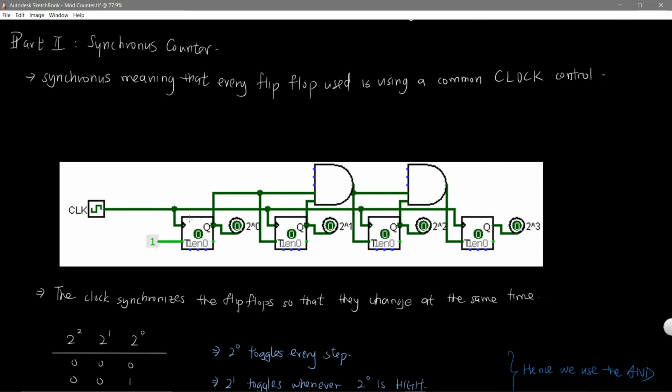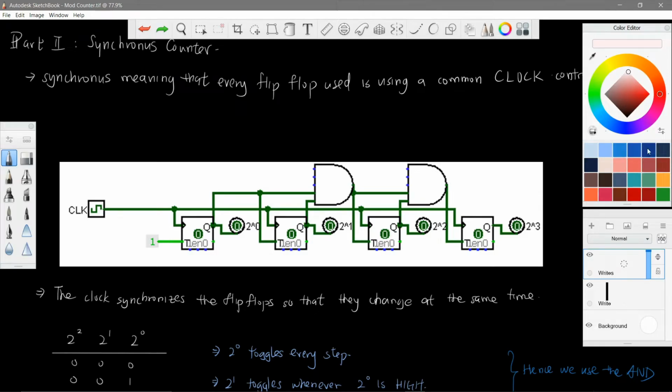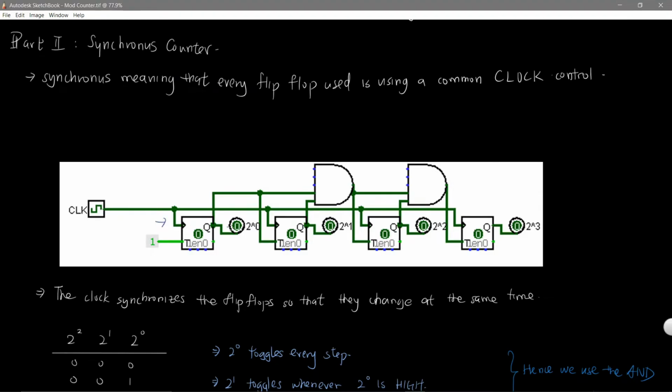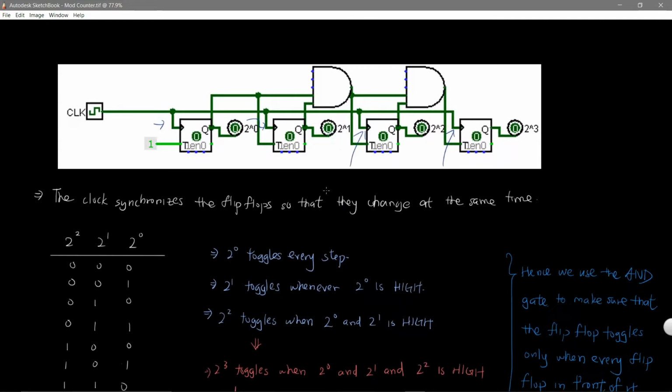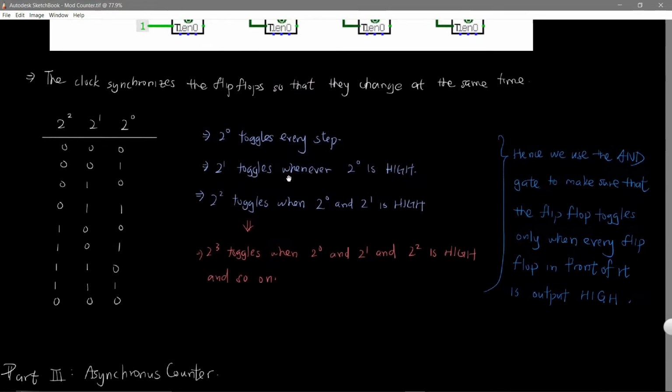This common clock is controlling the clock input of all of the flip-flops in this circuit. You can see here, here, here, and here, right? Alright, and now let's go on.